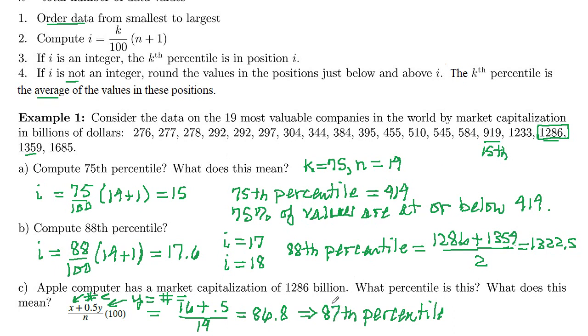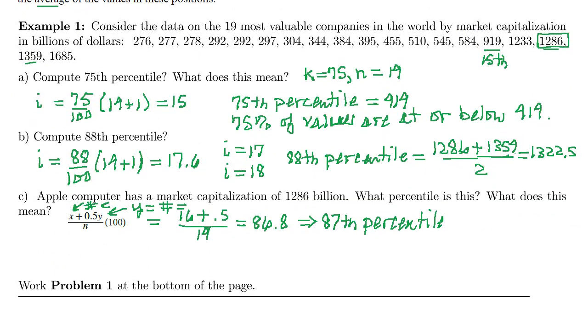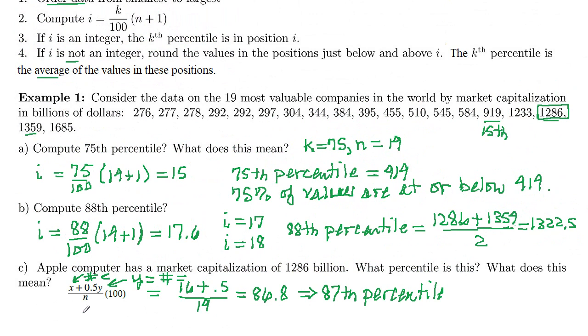And then we just want to decide what that means. 87th percentile, that means that 87% of the data is at or below 1286.